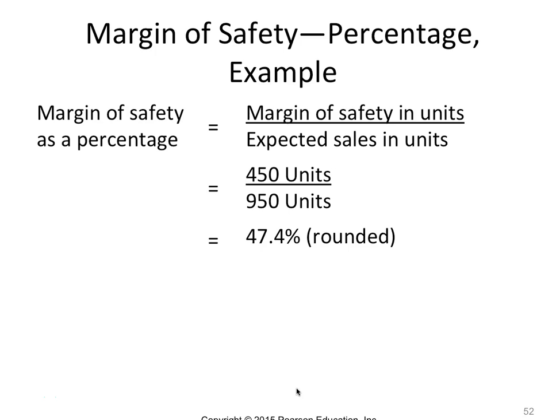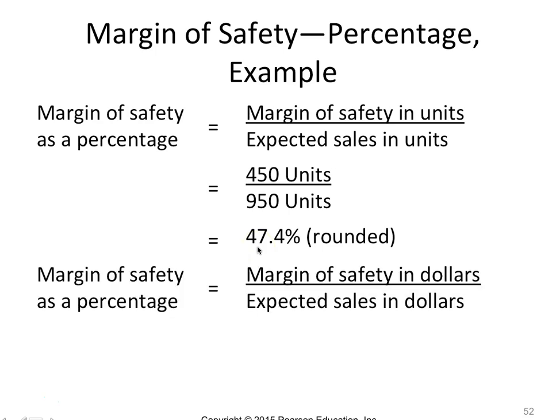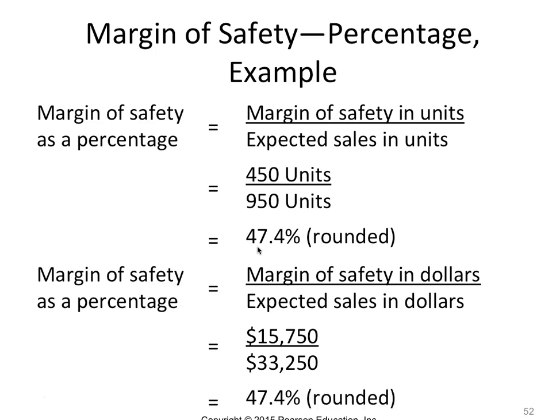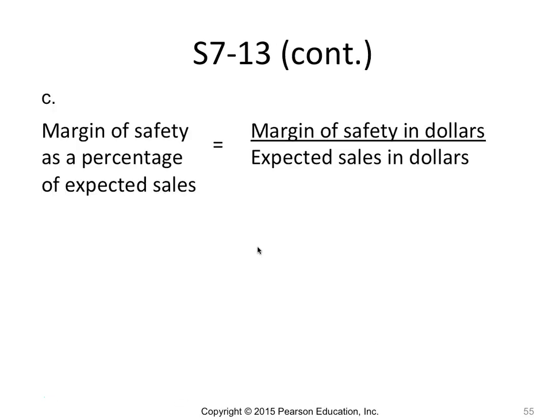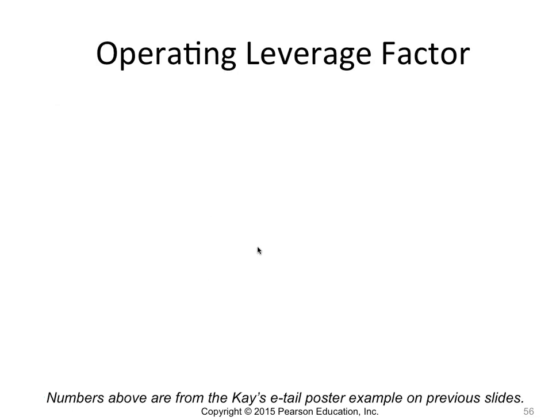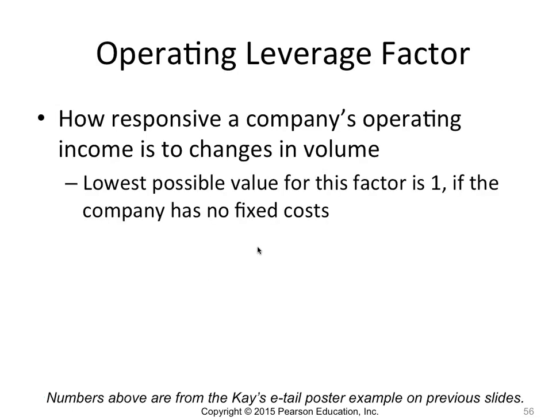So you can calculate the percentage of that. It's the margin of safety in units divided by the expected sales in units. It's 47.4% rounded, and you're going to get the same thing for total sales. So you're going to get the same percentage here. The calculation is the same, so I'm not going to do that.